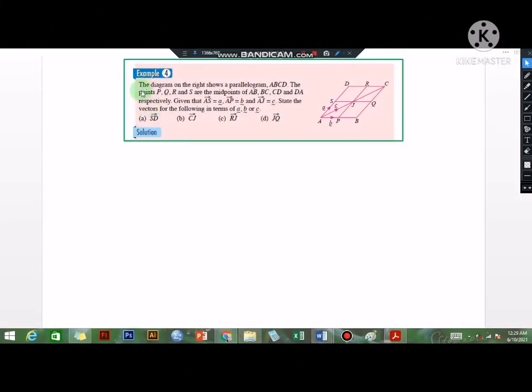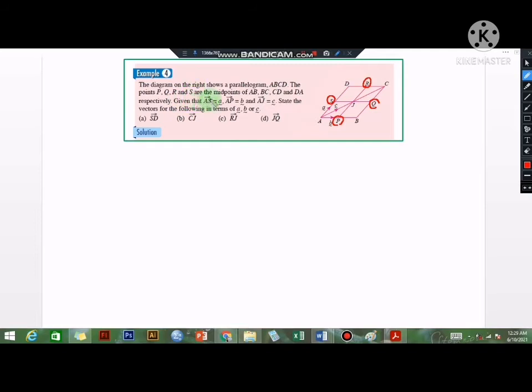Now class, let's look at example 4. The diagram on the right shows a parallelogram ABCD. The points P, Q, R, and S are the midpoints of AB, BC, CD, and DA respectively.